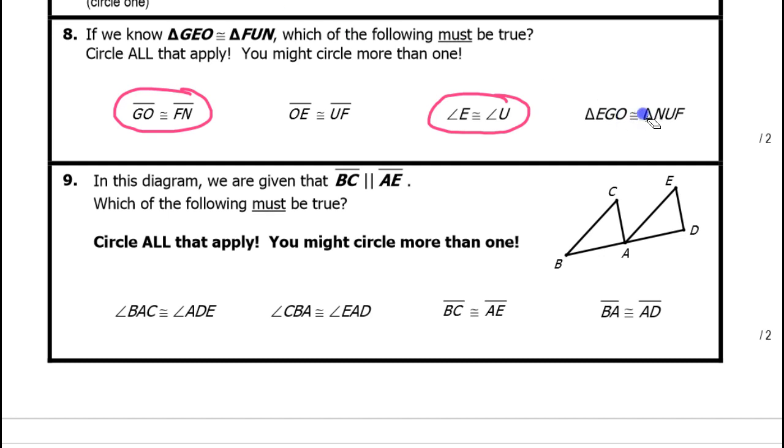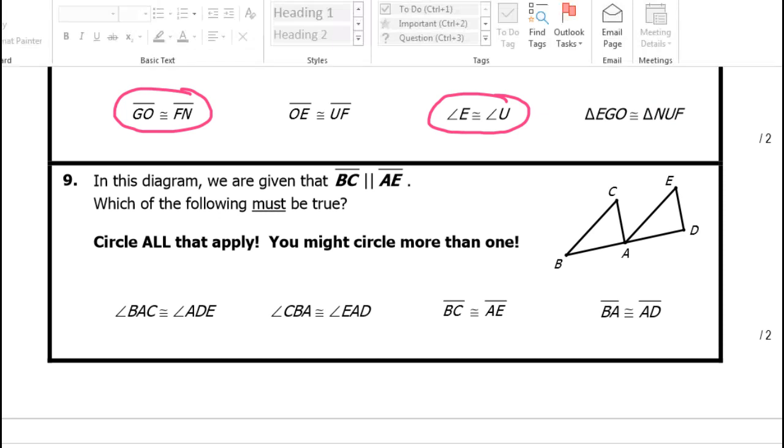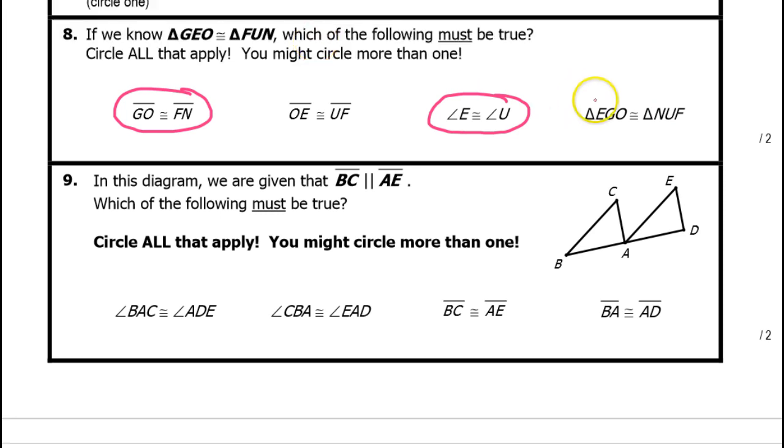All right, will that be congruent to triangle NUF? Let's see. E maps onto U. So right there, it fails immediately, right? E corresponds with U. So if you put E first, then U should be first. And it's not, so we won't circle that one. We'll leave that one blank.